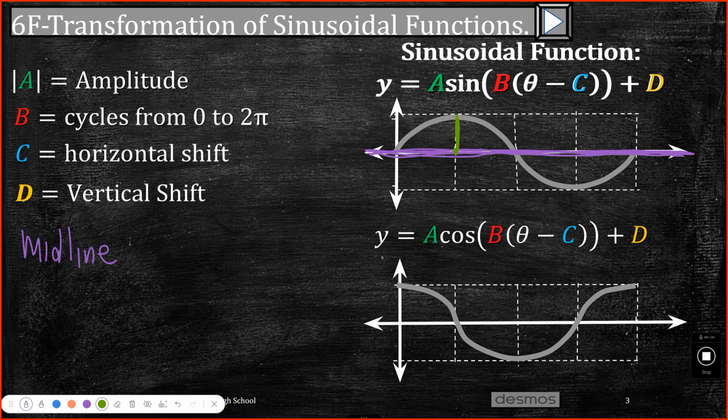So this one, A is 1. Or from the midline to the lowest point, that's also the amplitude. The same thing would happen with the cosine function. So this is A, if you wanted to.